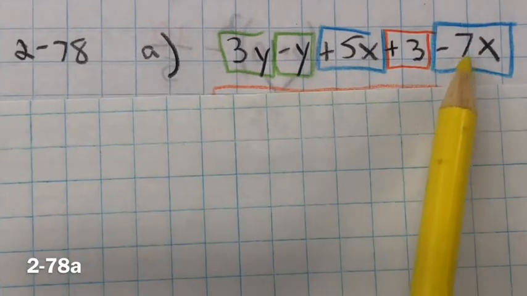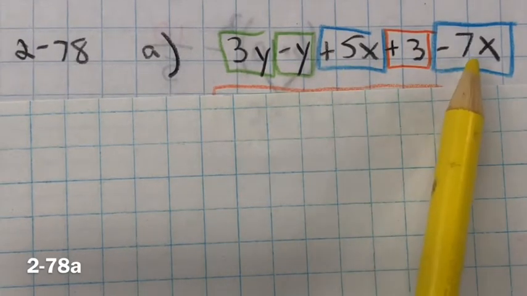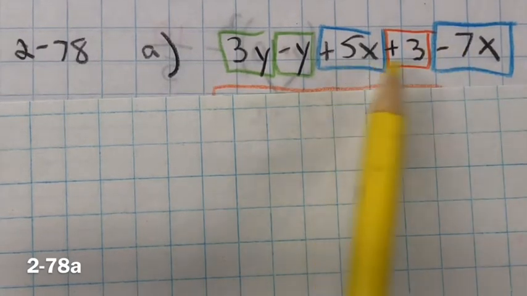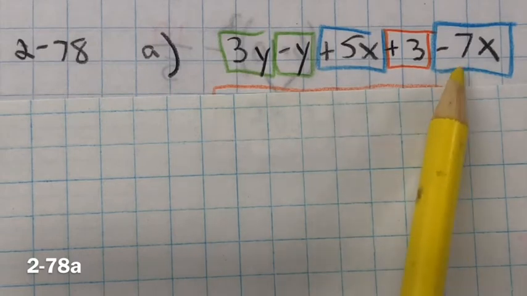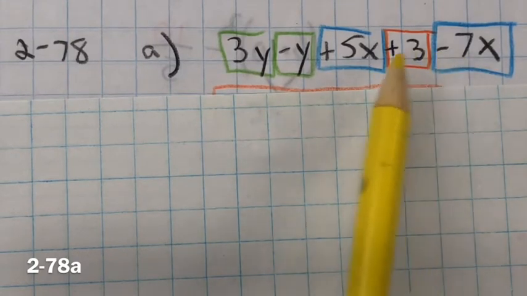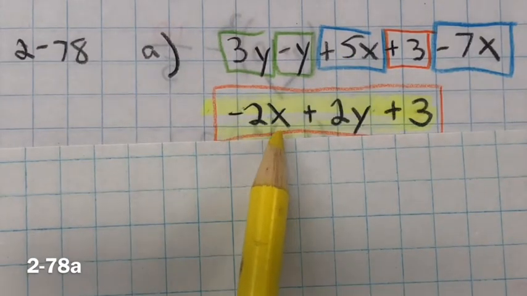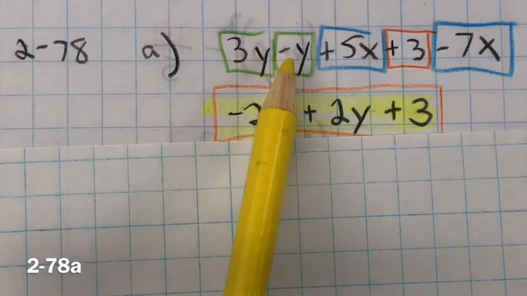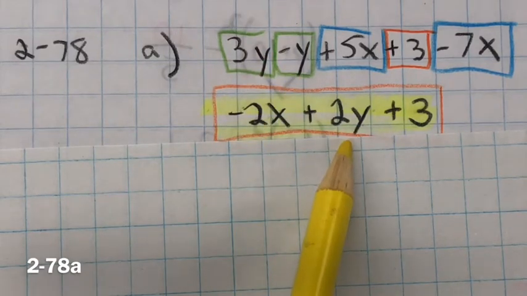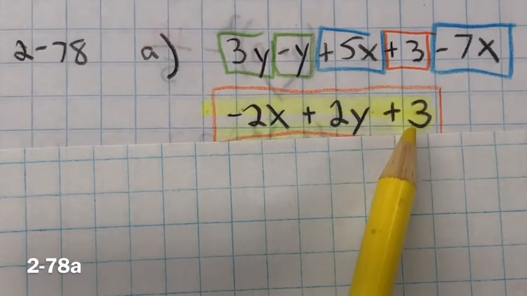So I have negative 7x plus 5x. I have more negatives than positives, so I know it's going to be a negative x. Signs are opposite, so I subtract. 7 minus 5 is 2, so it's a negative 2x. 3y minus y is 2y, and then I have positive 3.